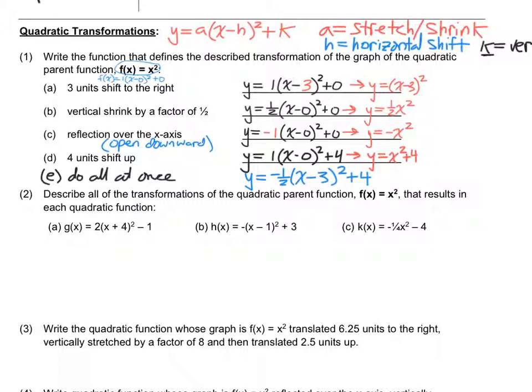All right. So let's do number 2 together, and then I'll let you do the rest on your own. Describe all the transformations of the quadratic parent function, y equals x squared, that result in each quadratic function. And you notice how I'm saying y equals instead of f of x? Because they're interchangeable. F of x means it's a function of x, means it passes the vertical line test. We learned about that in Unit 4.